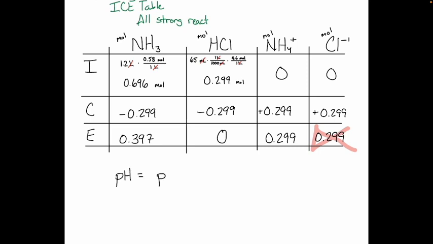That equation is on your constants page. This isn't something you have to have memorized. pH is equal to the pKa plus the log of the concentration of base over the concentration of acid.